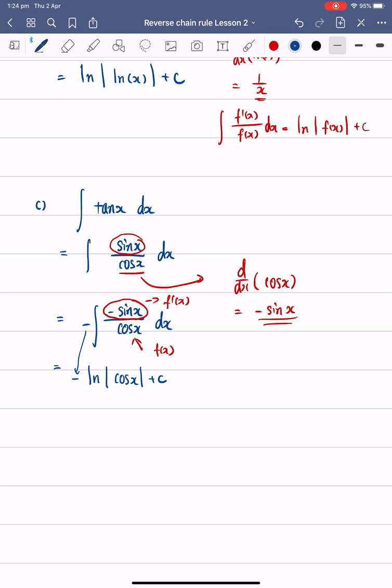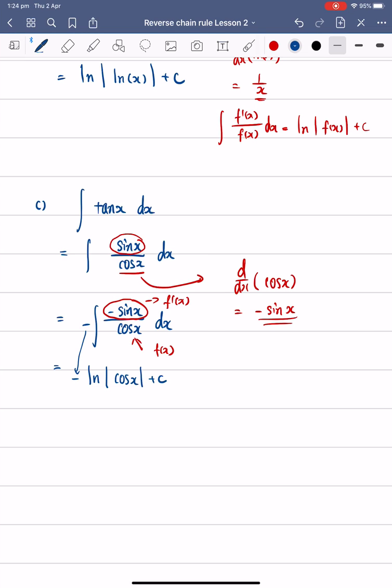Okay, so it's another really interesting question where you can integrate tangent x by changing the tangent x into sine x over cos x, and you apply the logarithm integration, thinking about what is the derivative of the denominator, and then try to compare to see if you have that on the numerator or not.